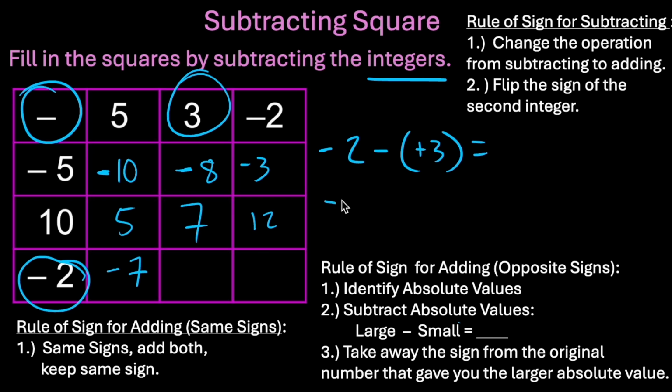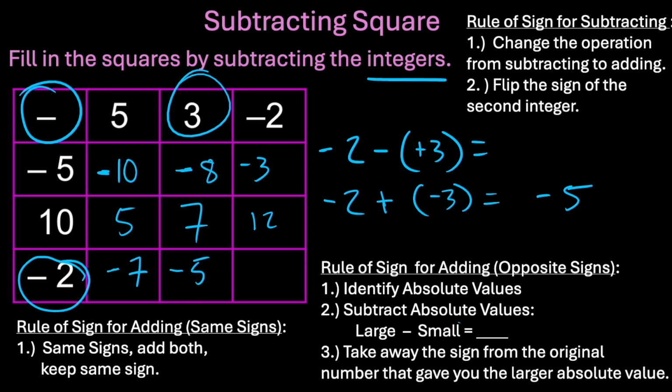Okay, so we bring down the -2. We change the minus to an addition sign. And then we flip the positive 3 to a -3. Now, we're adding 2 numbers with the same sign, so your answer should be -5. You add them both and keep the same sign. So the answer is -5.